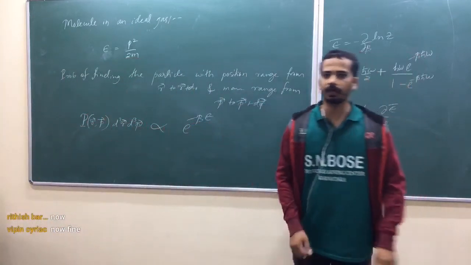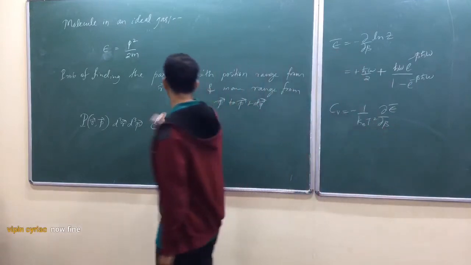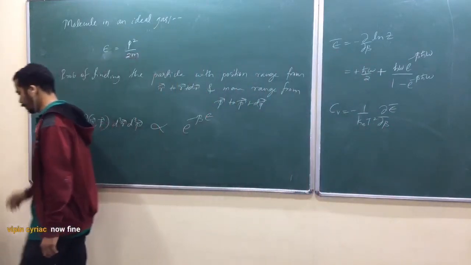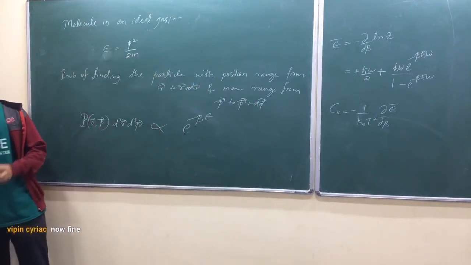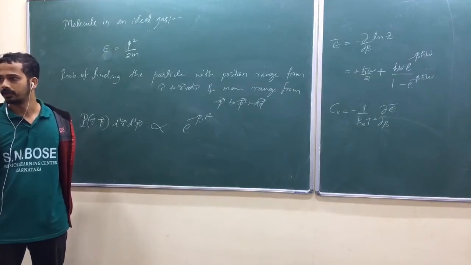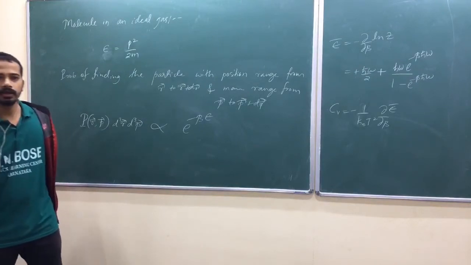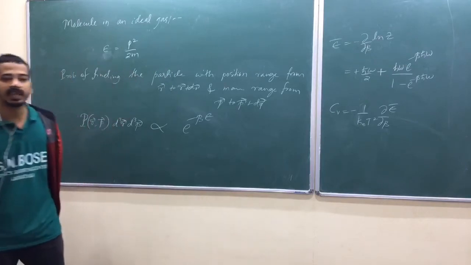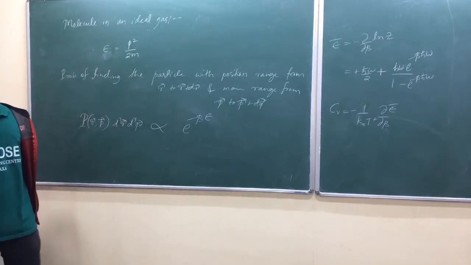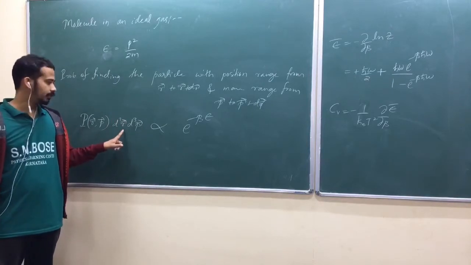But when you talk about r to r plus dr and p to p plus dp, you are talking about some volume in the phase space, isn't it? You are talking about some volume in the space, and all of the phase cells in that volume. This is the volume of the phase space, am I right? d cube r, d cube p.